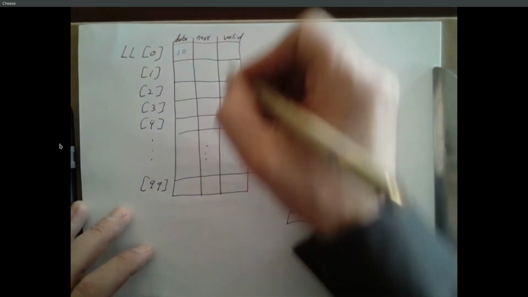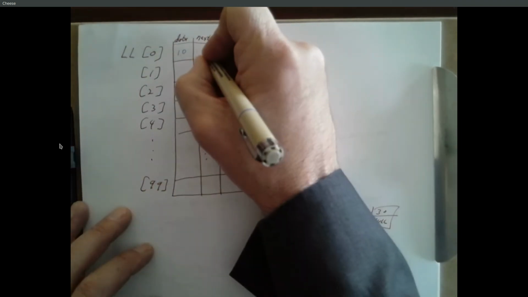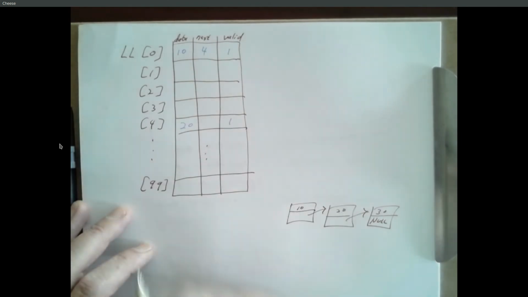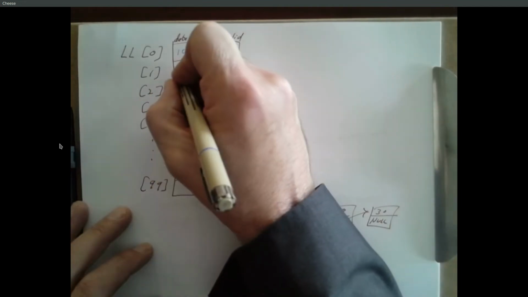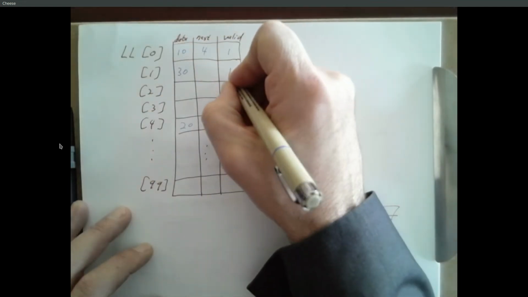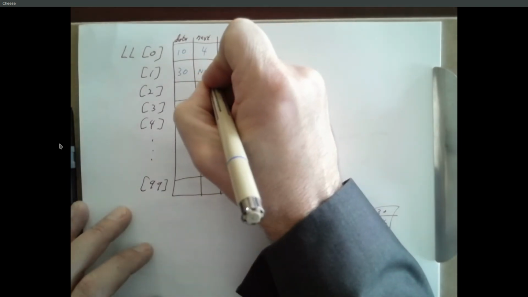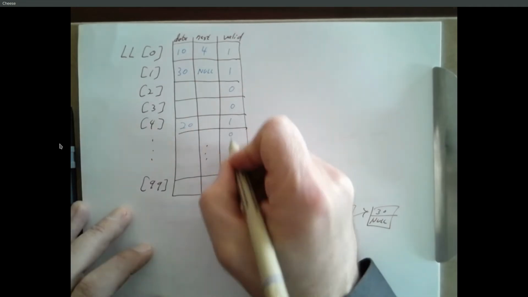Maybe element 0 is our first node, and so that's valid. And maybe element 4 is our second node, so that's a 20 down at index 4, and that's valid. And maybe element 1 is our third node, so that's a 30, it's valid. And the next field for that would be null, since it's the end of the list. And then everything else in here would have a valid flag of 0.